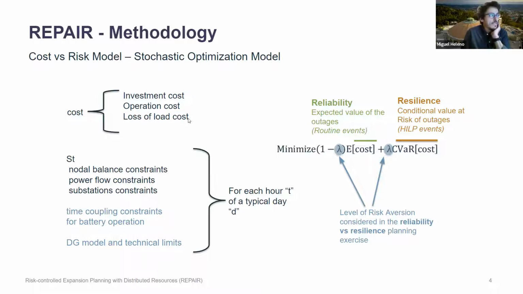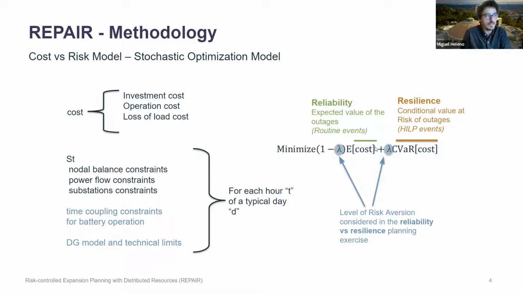And so we take this value of loss of load, and depending on the different scenarios of things that can happen, we can construct a function where we have the expected value of those costs of loss of load and the conditional value at risk of those costs of loss of load.